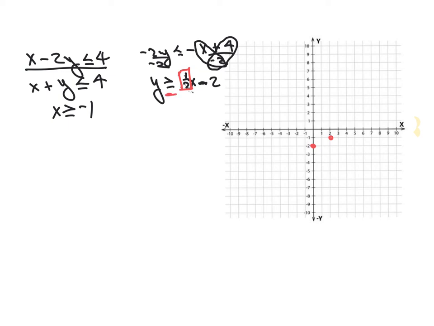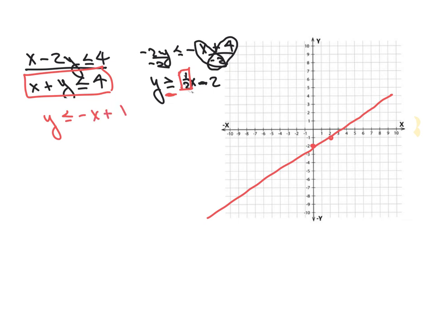Because of this greater than or equal to sign, I have a solid line. Then I have to look at the next equation, this one right here. Let's move this out of the way so I can get it in slope-intercept form. Notice I did not change the sign here because I did not divide or multiply by a negative.